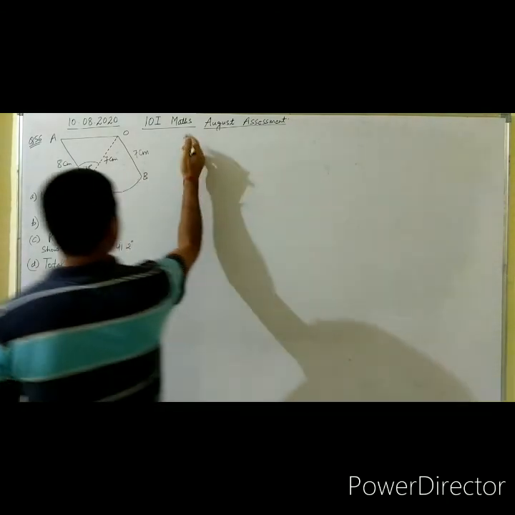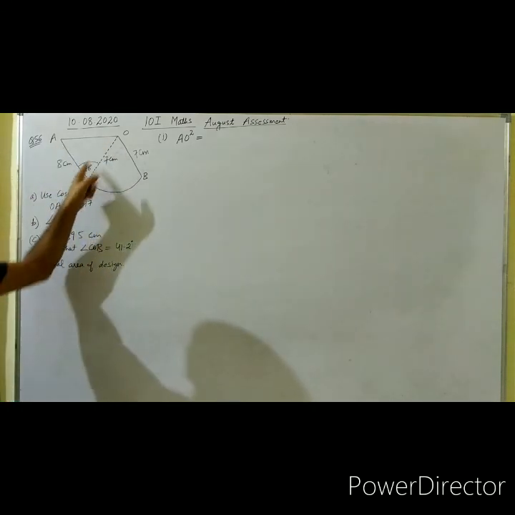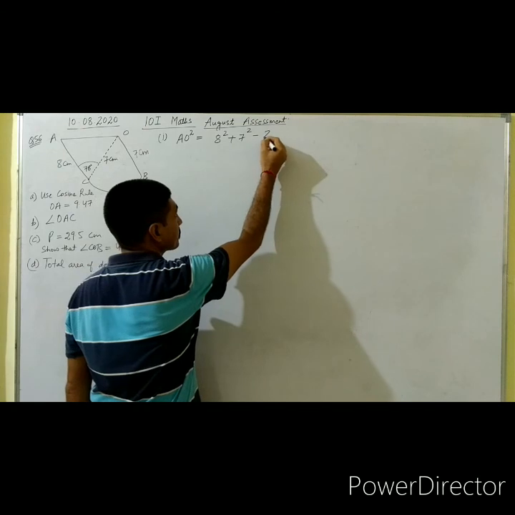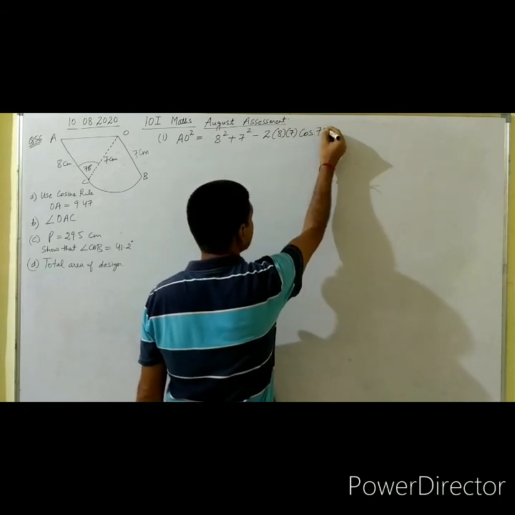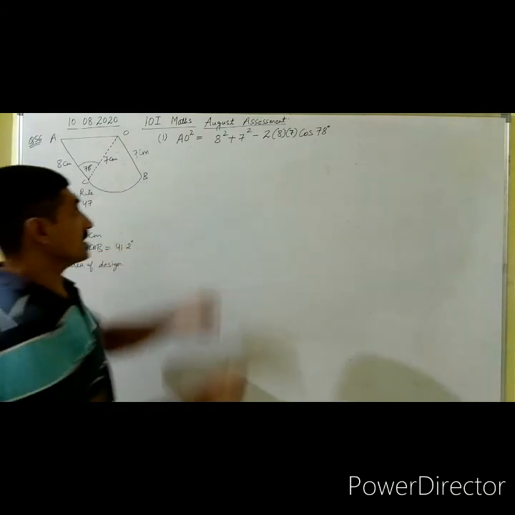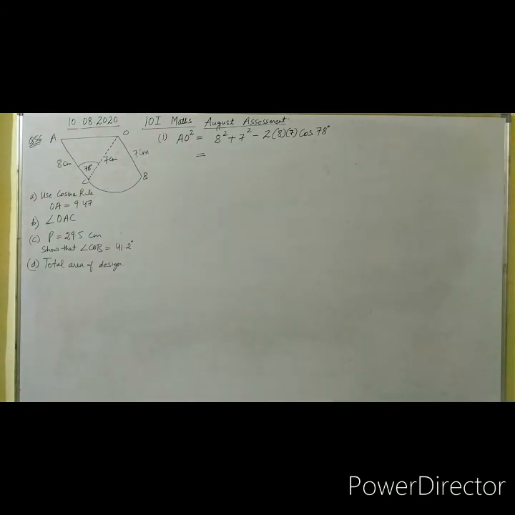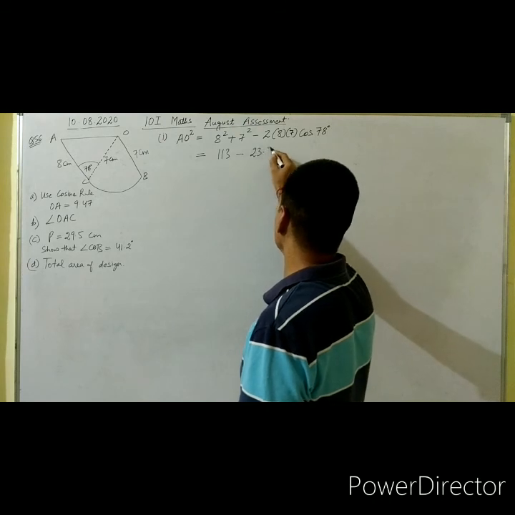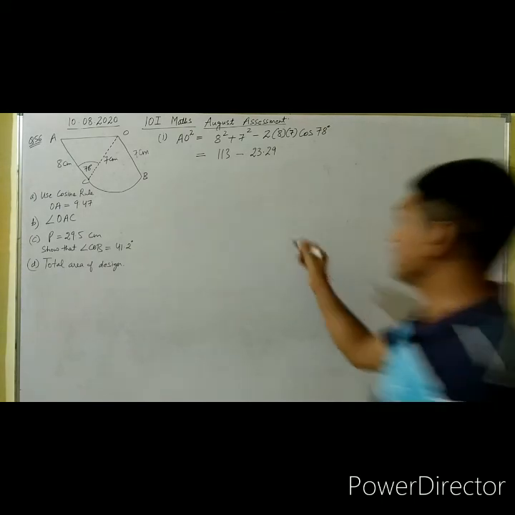By the cosine rule, OA squared is equal to a squared plus b squared minus 2ab cosine of 78 degrees, where the sides are 8 and 7. So we have 64 plus 49, that is 113, minus this value, 23.29, by taking the value of cosine 78. After subtracting we get 89.71.